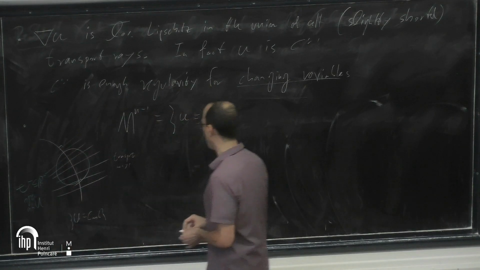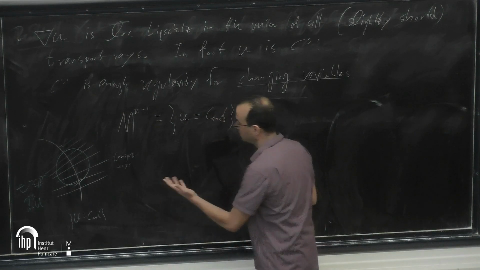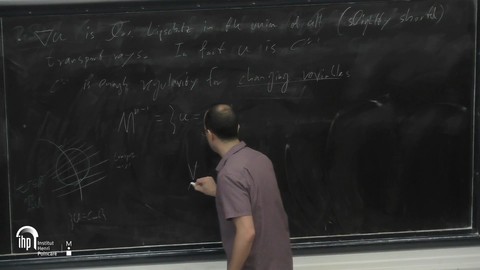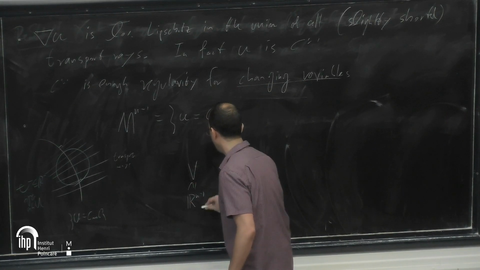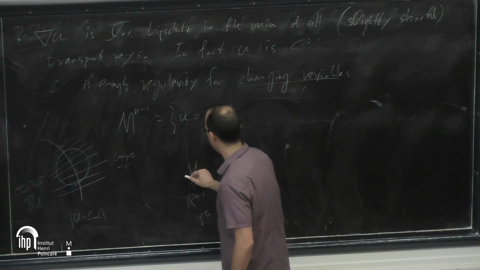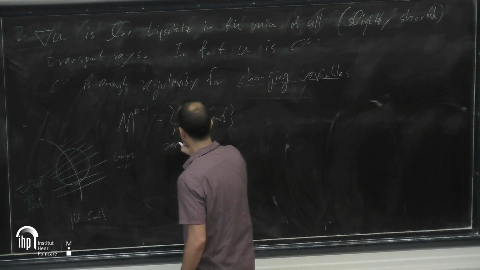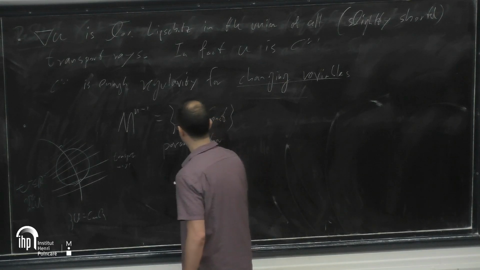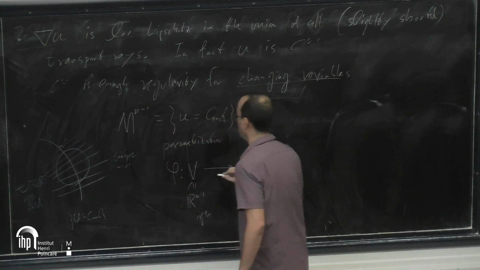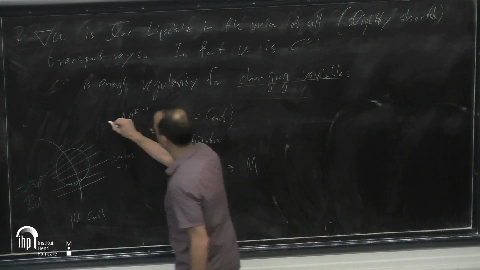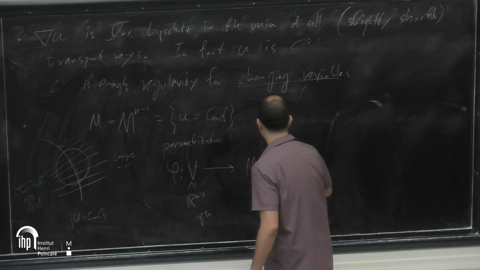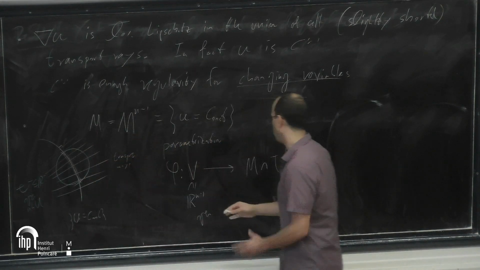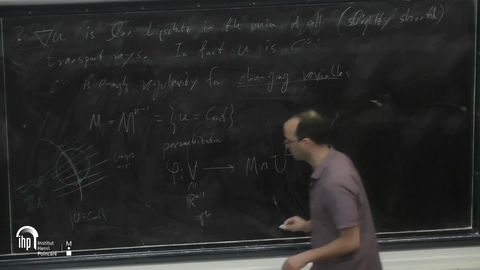And in this open neighborhood, I may parameterize my manifold M. So there is some open V in R^{n-1}, and I have some parameterization phi from V to M intersected with U. So this part is parameterized by some open set in R^{n-1}.